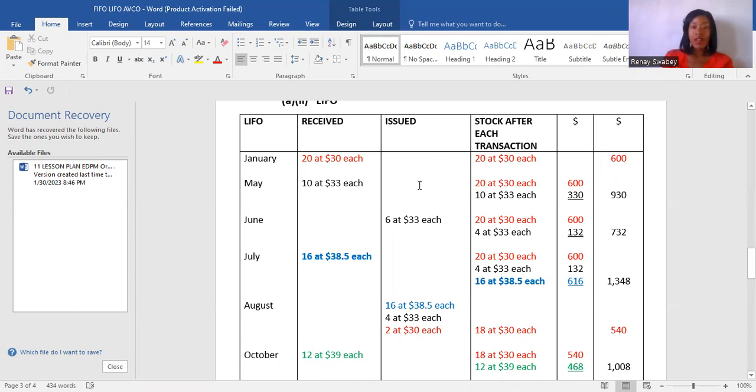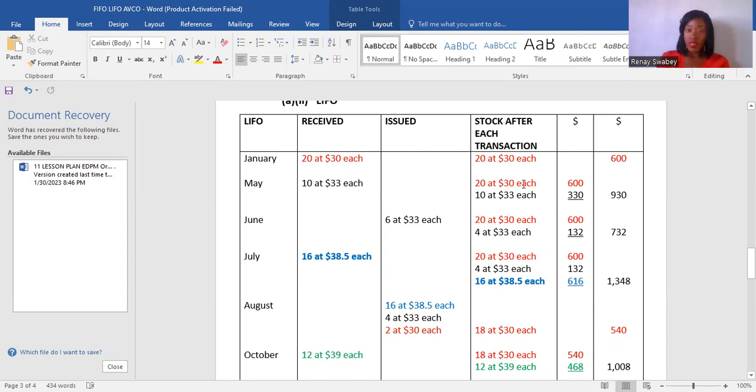We did not sell or issue any in May, even though we purchased them in May. We are going to rewrite our first goods that we have in stock, right? So pay attention. This column is the one that might give you the issue. This column, the issued, shows the difference clearly between the LIFO and the FIFO.